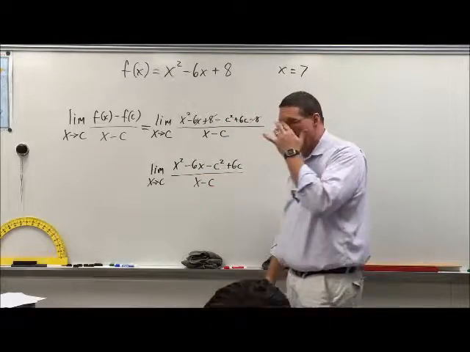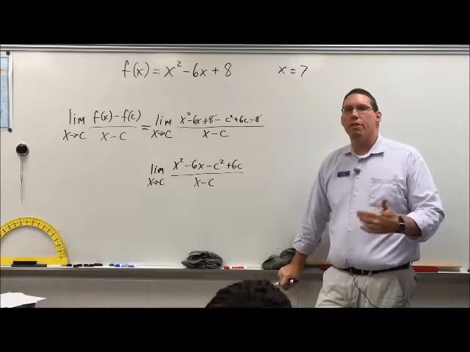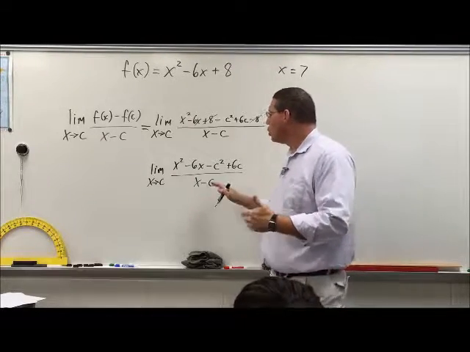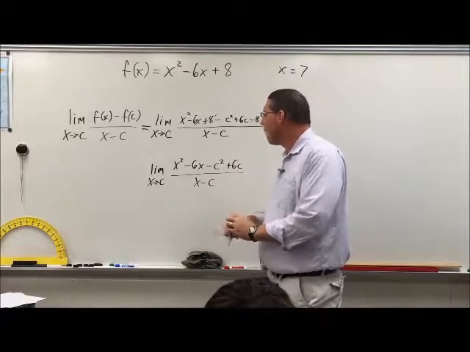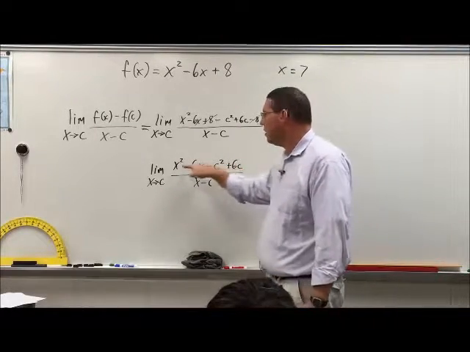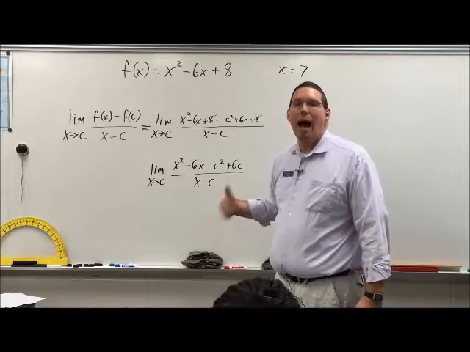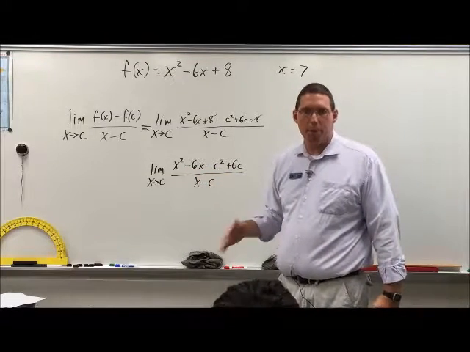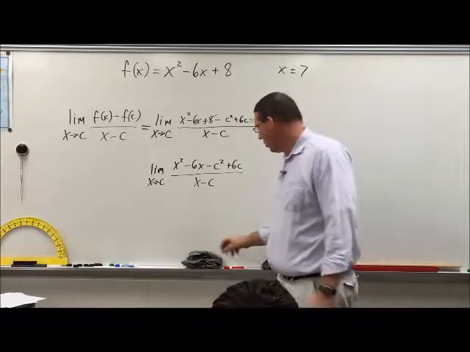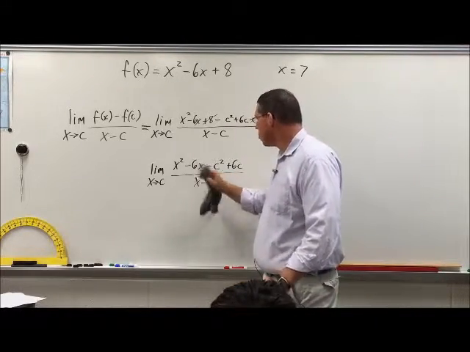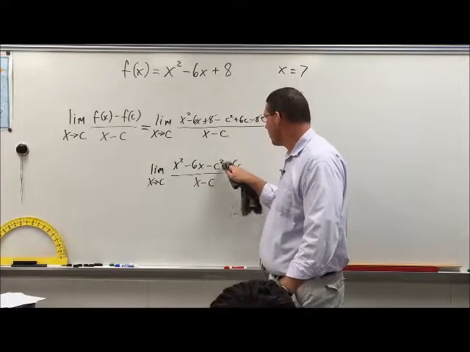I'm now going to show you how you can do this with factoring. In order to do this with factoring, we have to rearrange this. It can't be done like this. I want to do it with factoring to show people, but just follow along, okay? So what I'm going to do here is put the minus c squared first and then the minus 6x next.